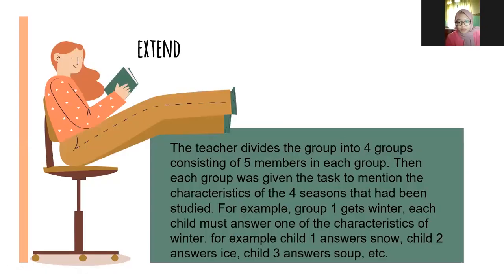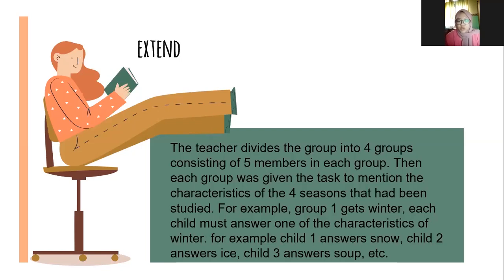Next, and the next is extend. For this extend, the teacher divides the group into 4 groups, consisting of 5 members in each group. Then each group was given the task to mention the characteristic of the 4 seasons that had been studied.